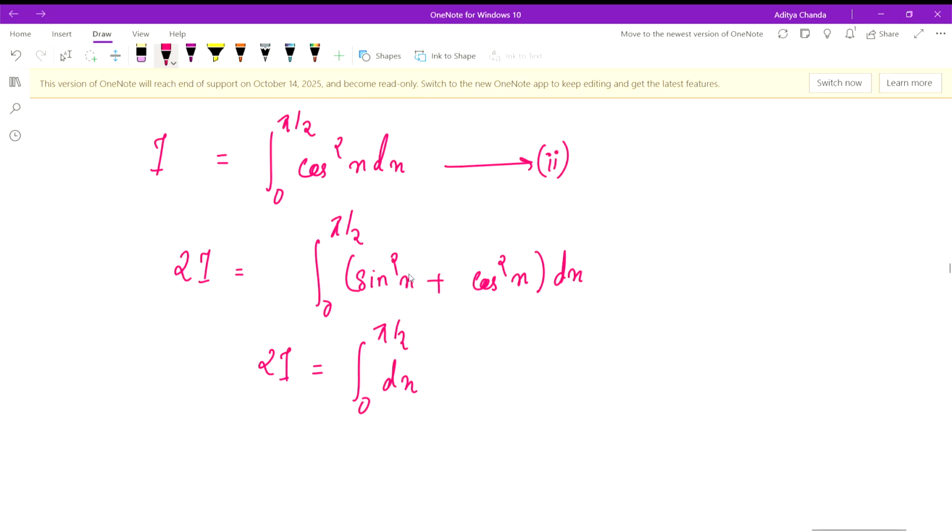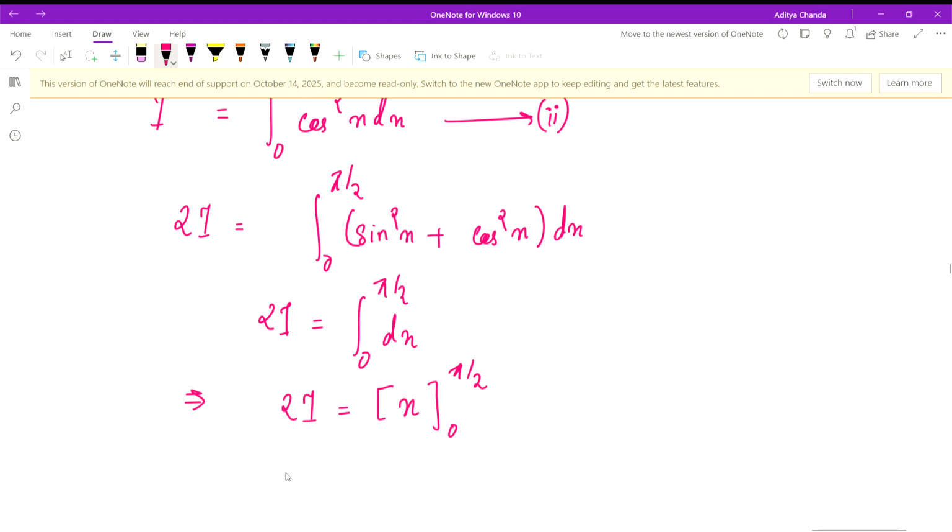Sine square x plus cos square x is simply 1, so 2I is the integral from 0 to pi by 2 of dx. The integration of 1 dx is simply x, with limits from 0 to pi by 2.